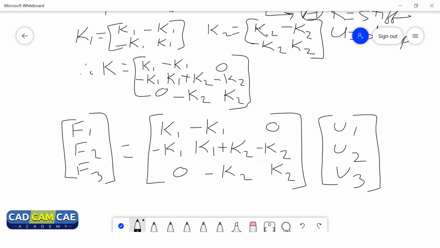Okay, so the next step in finite element analysis is applying boundary conditions.